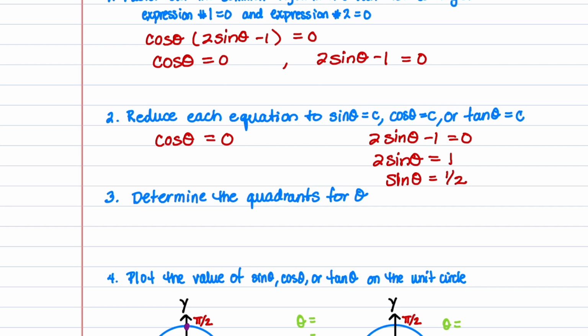Let's make a note that our solution for our equation on the left is theta is equal to arc cosine of 0. And the equation on the right, the solution is theta is equal to arc sine of 1/2. Since cosine theta is equal to 0, theta is going to be a coordinate point.